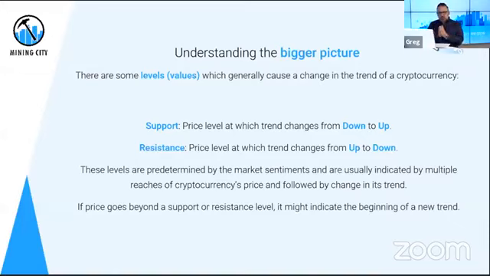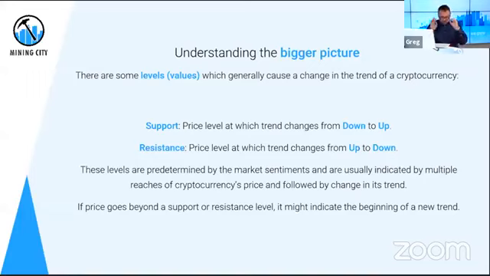You might wonder how we decide where the level actually is. Well, it is usually determined by the market sentiment, whether the other traders on the exchange are positive or negative about the future of the coin. So, when a price reaches a certain level a couple of times, but no one is willing to pay more or less than that, we set a support or a resistance level there. The situation is usually followed by a reversal of trend.